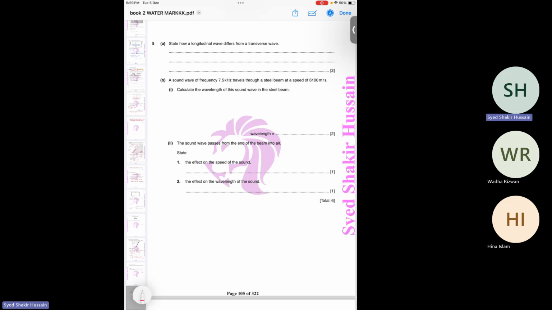Or you can say that in a transverse wave, the particles or medium vibrate at right angle to the direction of wave, while in a longitudinal wave, the medium vibrates parallel to the direction of wave. So I'll just write: longitudinal wave consists of compressions and rarefactions.